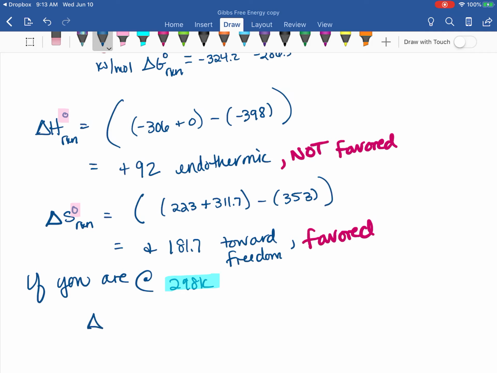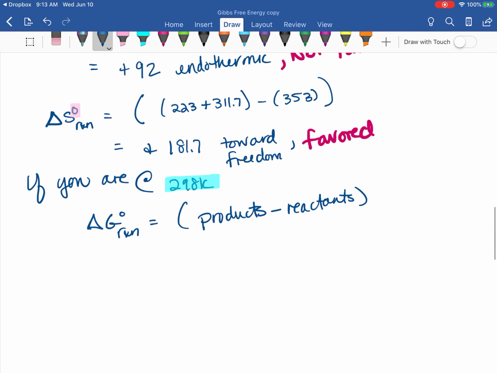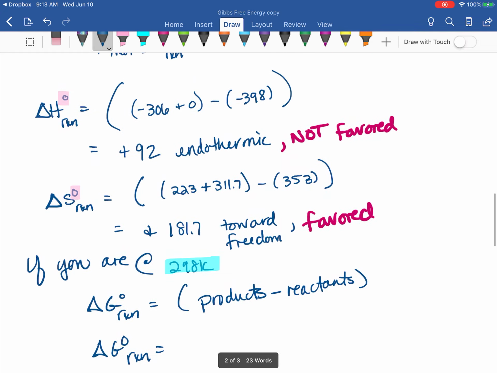Then we can compare the delta G from our table, just like our enthalpy and entropy. We can do products minus reactants. All right, so let's try it. Let's take our products minus our reactants. And let's see what we've got.